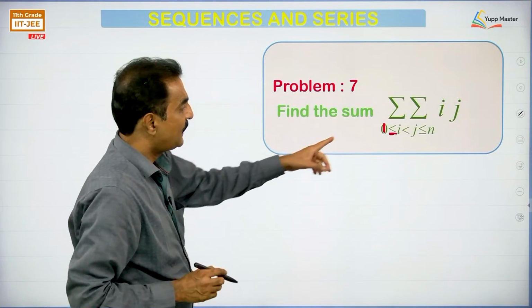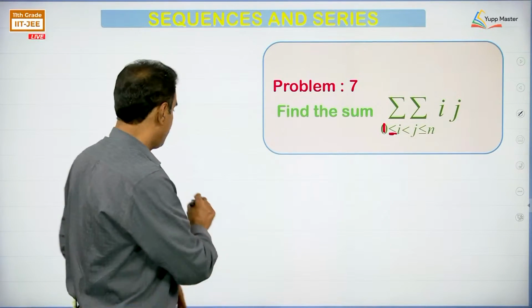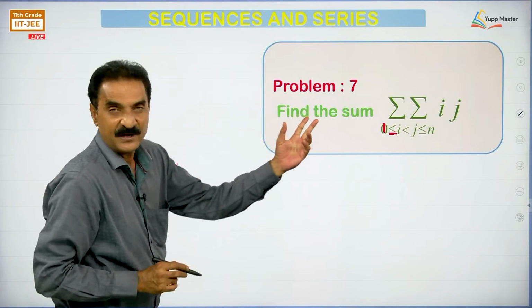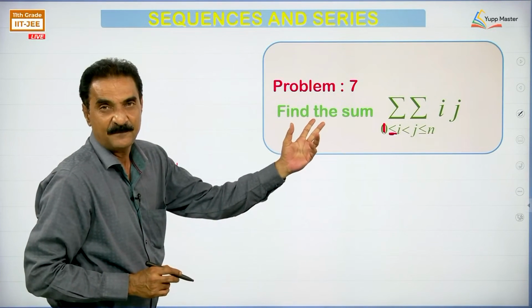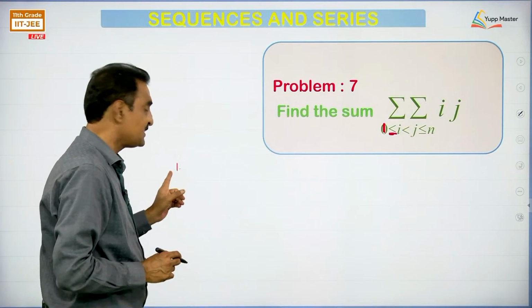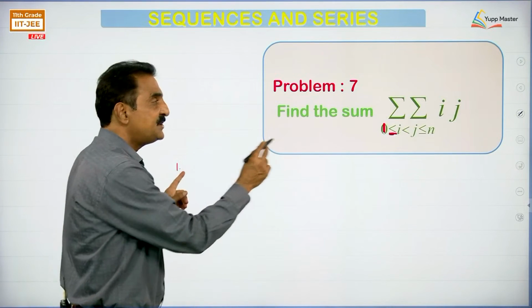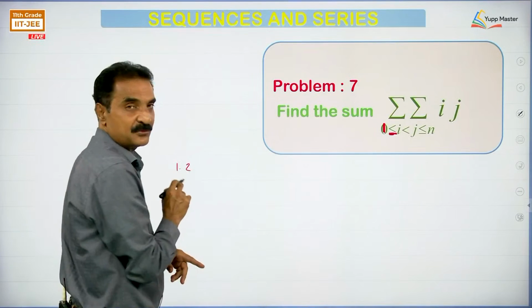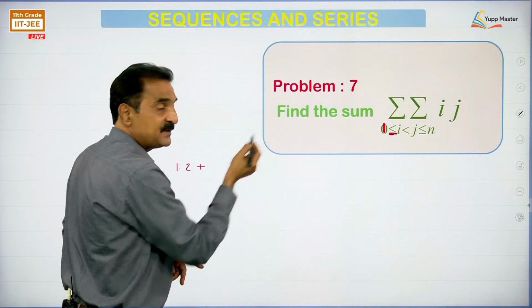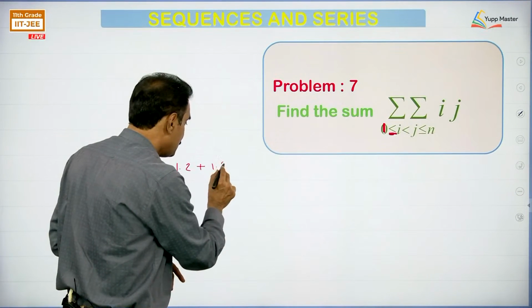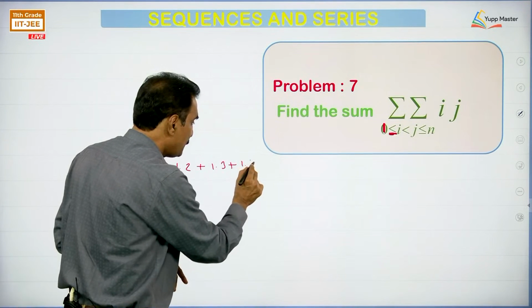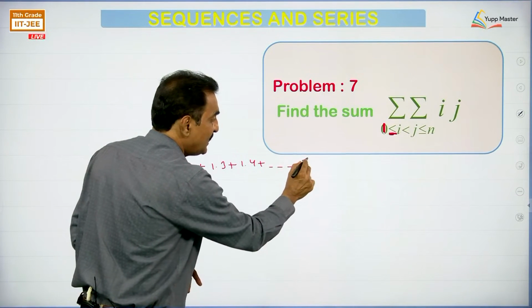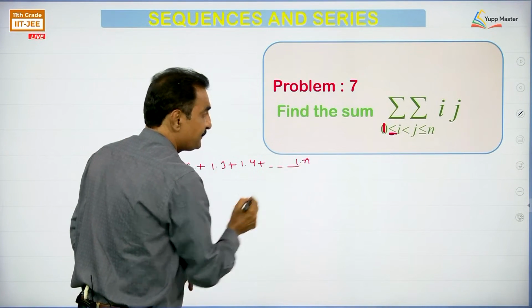If you take i is equal to 1, we have to take all products in the form of i and j. So if i is 1, then j can vary from 2 to n. So 1 into 2 we have to take, plus sigma means summation, plus 1 into 3 plus 1 into 4 and so on till 1 into n.